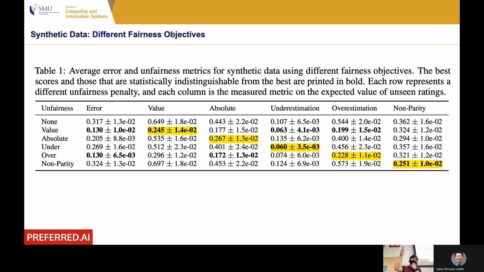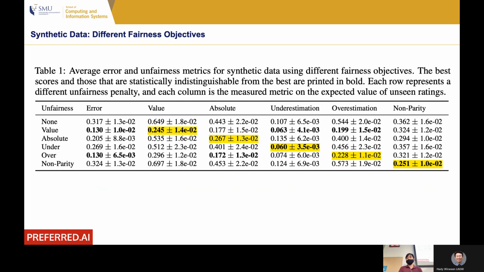They also argue that the diagonal, the one highlighted in yellow, is the one where adding the fairness objective actually gets minimized as compared to the original matrix factorization.